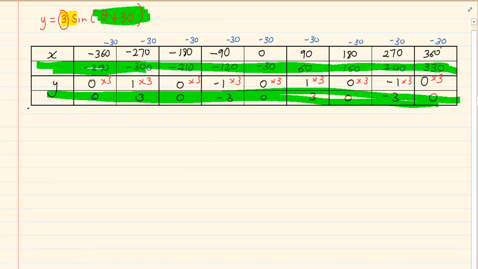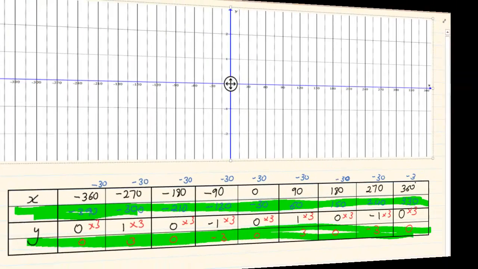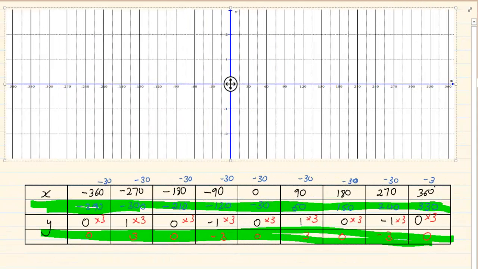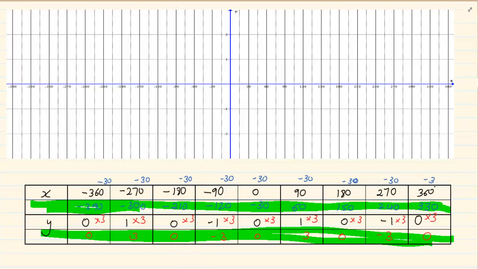The norm is they would usually give you a restriction. Most commonly in grade 11, it tends to be from minus 180 to 180. But if they tell you minus 360 to 360, then when you are plotting, because the restriction is minus 360 to 360, you cannot plot that specific point.